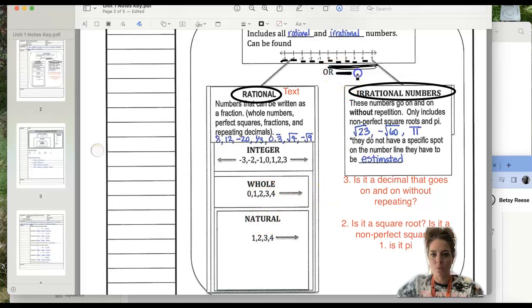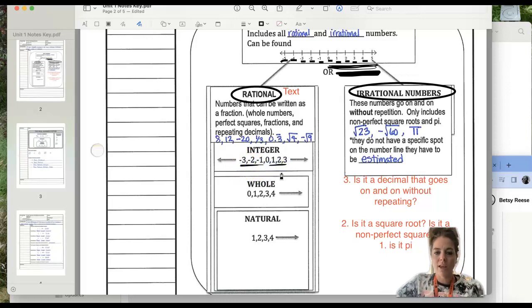Natural numbers start with 1, and it's this part of our number line. So natural numbers start with 1 because when you naturally start counting, you say 1, 2, 3, 4, 5. We don't start with 0. Okay? So a lot of times students think integers only are these negative numbers. That's not true. It's also the positive, so please know that.